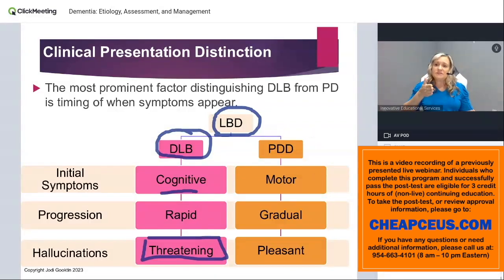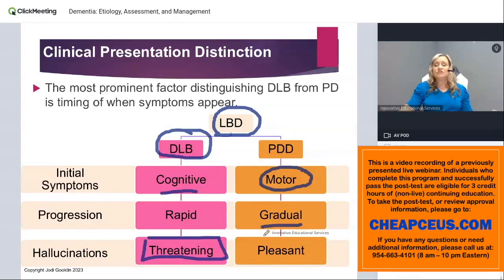Individuals with Parkinson's disease, where the disease then progresses to the point where the individual is presenting with dementia, are initially going to present with the motor symptoms. And if we look more closely at that condition, there's actually changes that happen before motor, but it does have a more gradual progression.